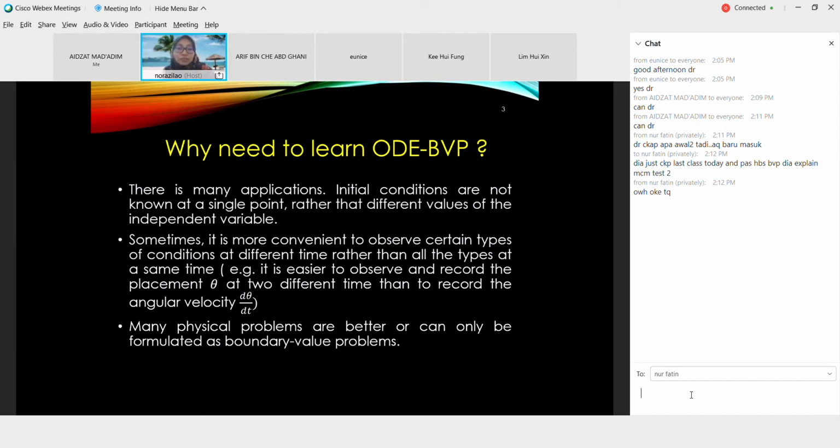Of course, many physical problems are better or can only be formulated as boundary value problems. So BVP is more realistic compared to initial value problem.